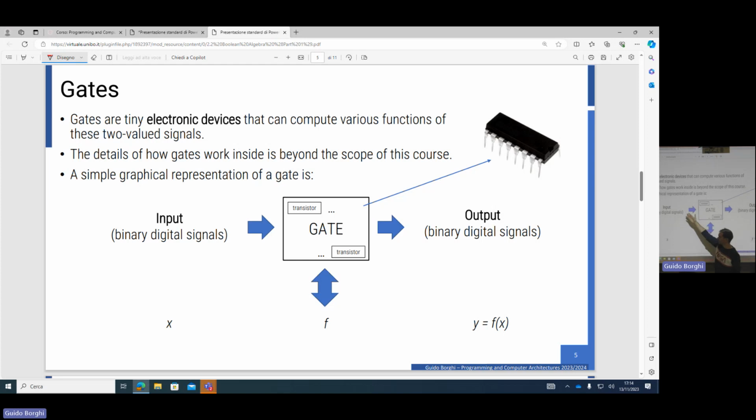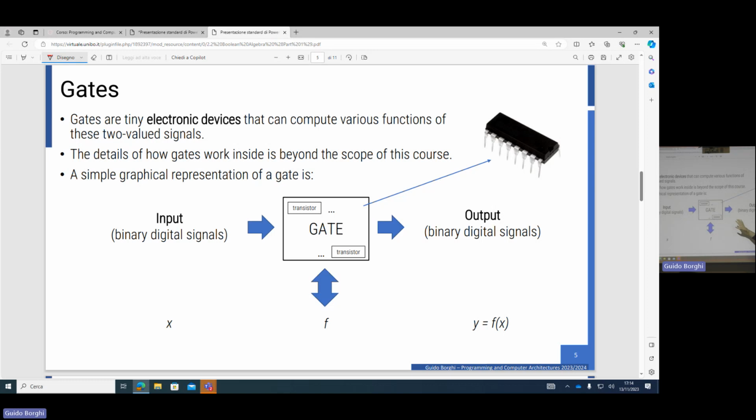We have an input, which is a binary digital signal, 0, 1 signals, and the output is, again, a binary digital signal. What we apply here is a function, the transformation that we apply on the input to obtain the output.